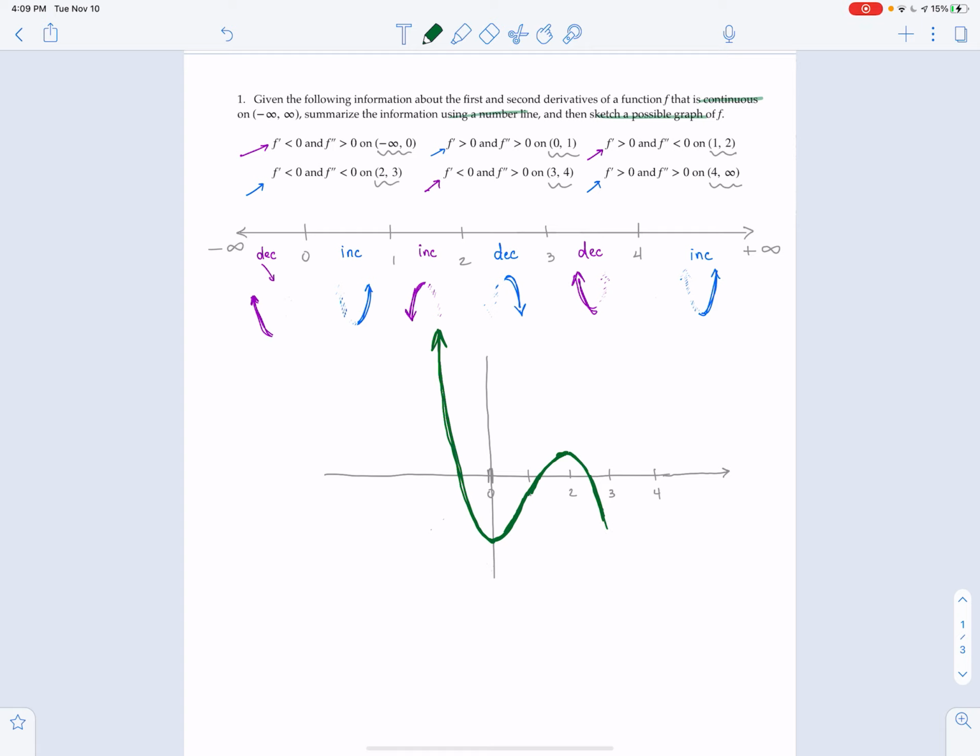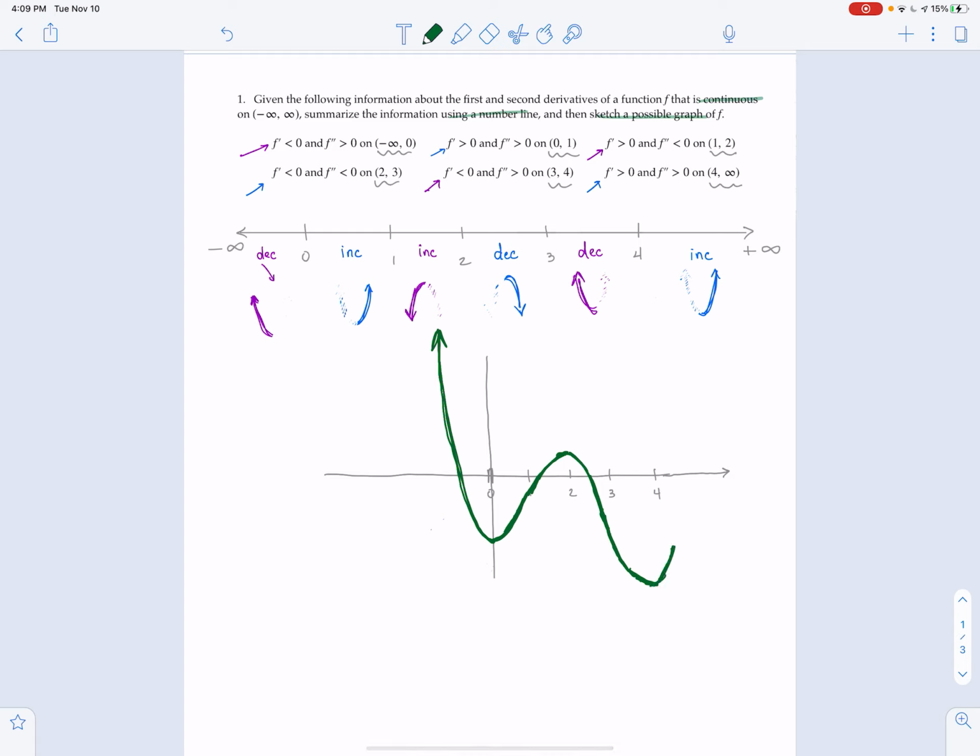Again, we don't really know much about the steepness or the intercepts, because we don't have that information. But what you're seeing here is quite a bit of detail, at least in terms of the shape of the graph and how it looks. Definitely a quartic graph here.